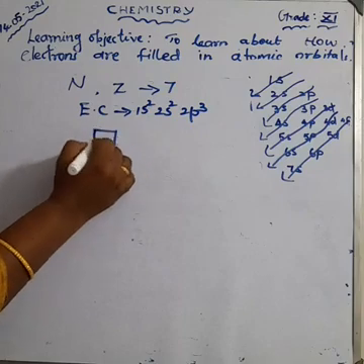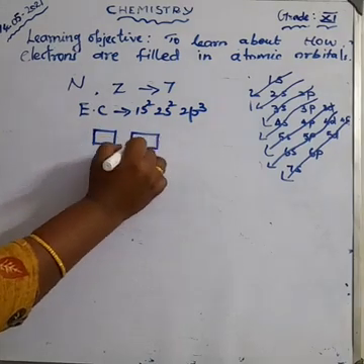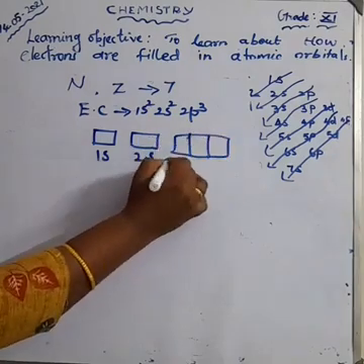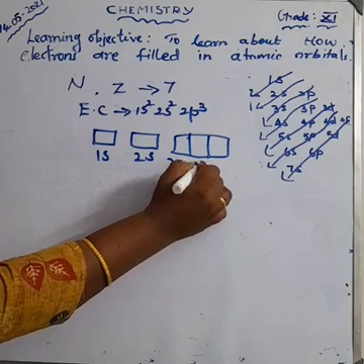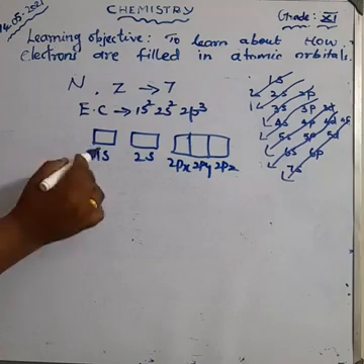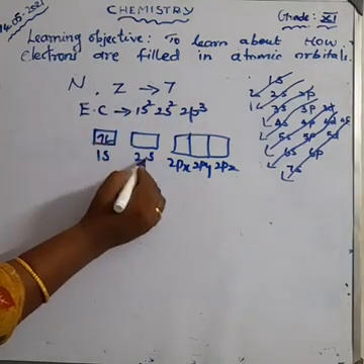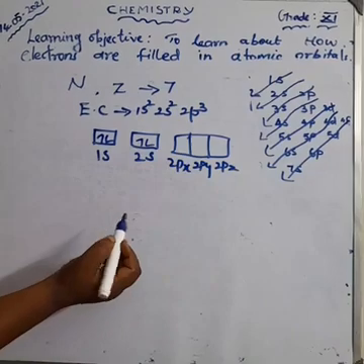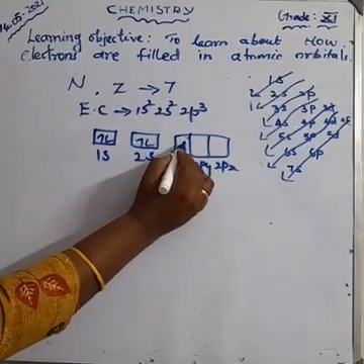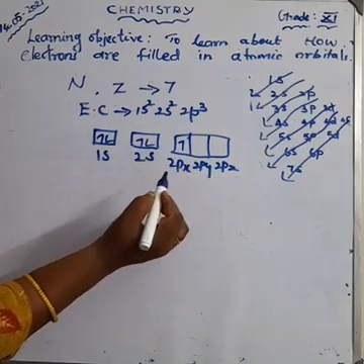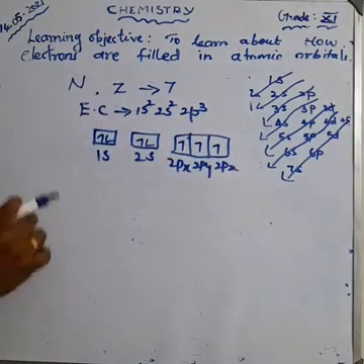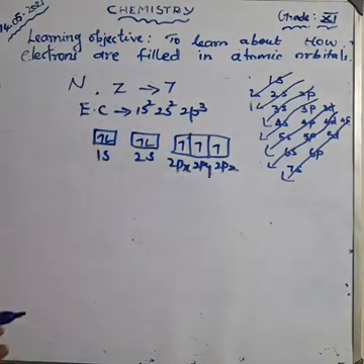So atomic orbital diagram: 1s orbital, 2s orbital, 2px, 2py, 2pz orbital. In the first orbital 2 electrons, in the 2s orbital we can fill 2 electrons, and in the 2p orbital there are 3 electrons. Remember, while you are filling electrons you should fill singly. Okay, so nitrogen has only half-filled atomic orbitals.